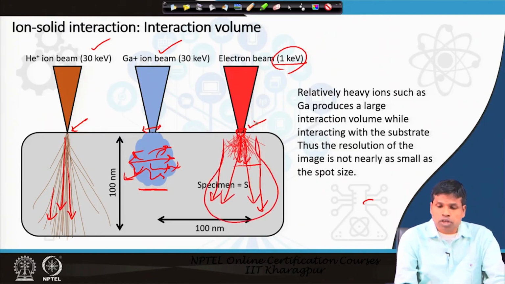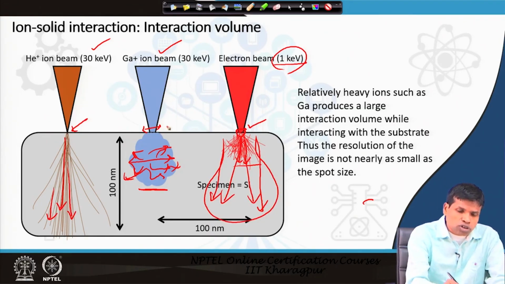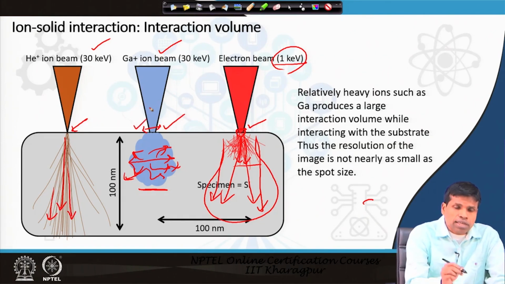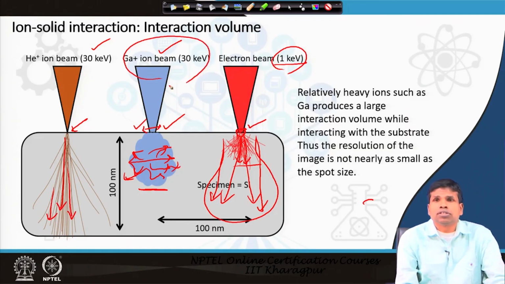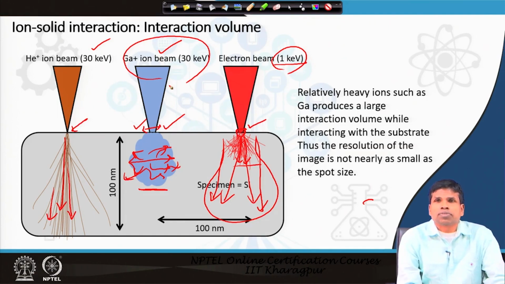producing a larger interaction volume. So, if we want to sputter away the material from the surface, then one can choose heavier ions, and that is what is chosen for practical application, using gallium ions as compared to other lighter mass ions.